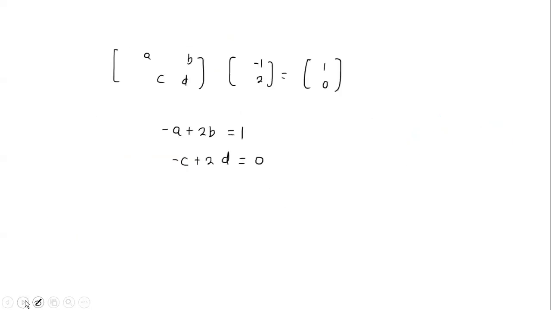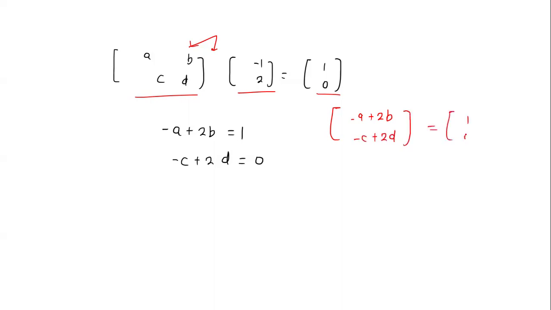So now you can replace M by this 2 cross 2 matrix that we assumed, and we have this vector, and this is equal to this vector. Now you can multiply these two matrices, and this will come like minus A plus 2B and minus C plus 2D. This is equal to this vector which is 1 comma 0.